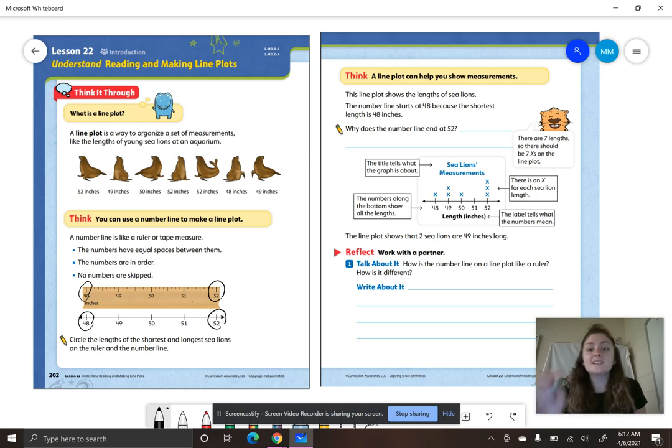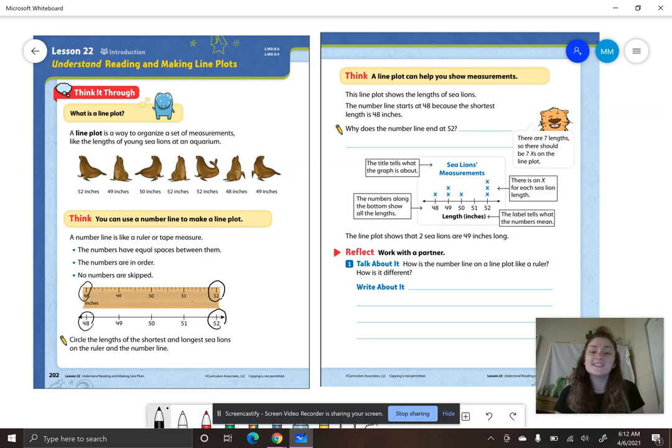It says a line plot can help you show measurements. It's repeating that information because it wants you to get that stuck in your head. It says this line plot shows the lengths of sea lions. The number line starts at 48 because the shortest length is 48 inches. Why does the number line end at 52?